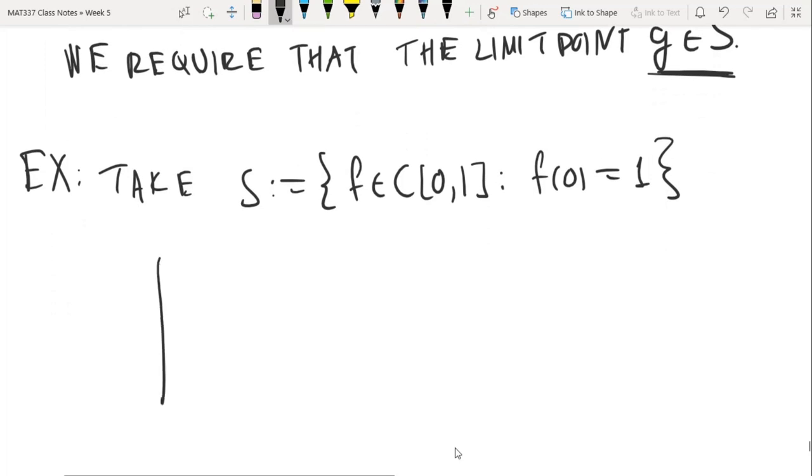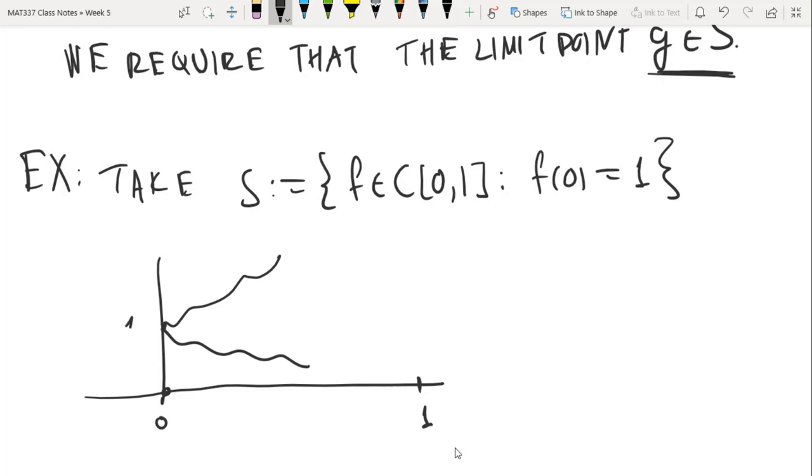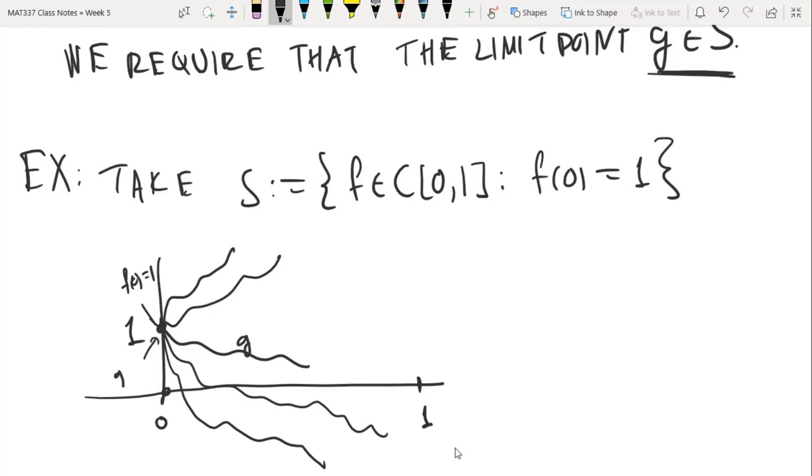What is it saying? Go to 0, 1, and they all branch out like this. So this is 1. They're all fixed to be, this is g, h. They are all equal to 1.